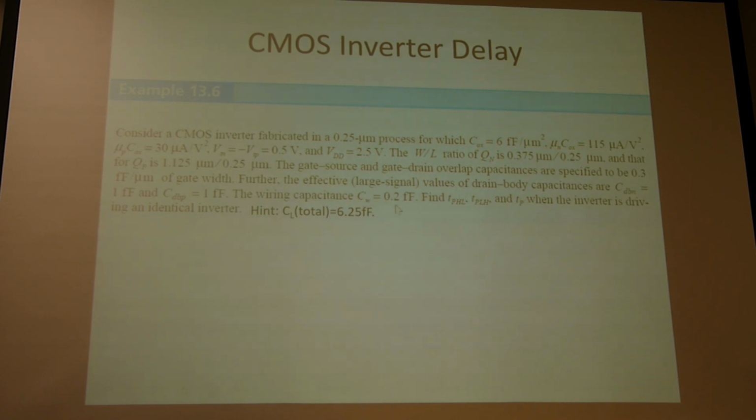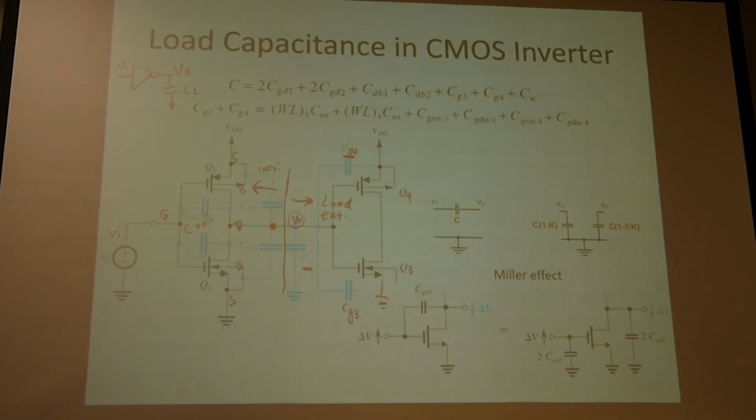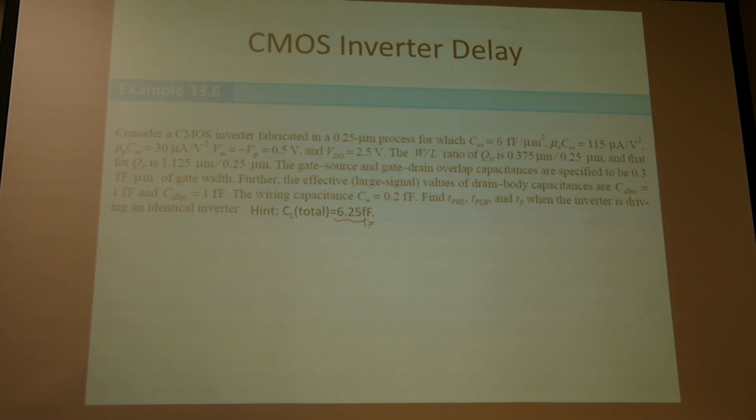So here it asks to find the tPHL and the tPLH and tP. So here it has a hint that the C total is this number. But this C total actually has two components. So basically here we add everything up, it will be this 6.5 femtofarad.